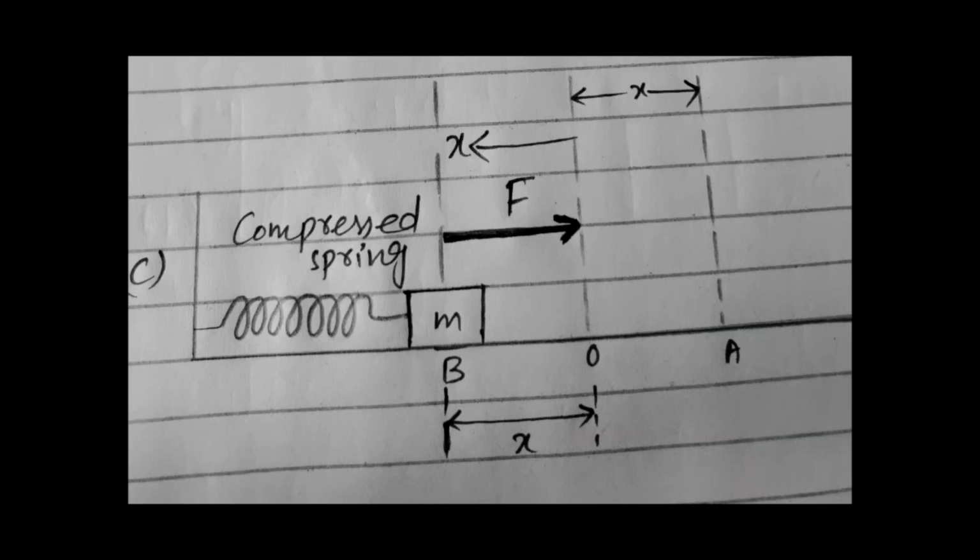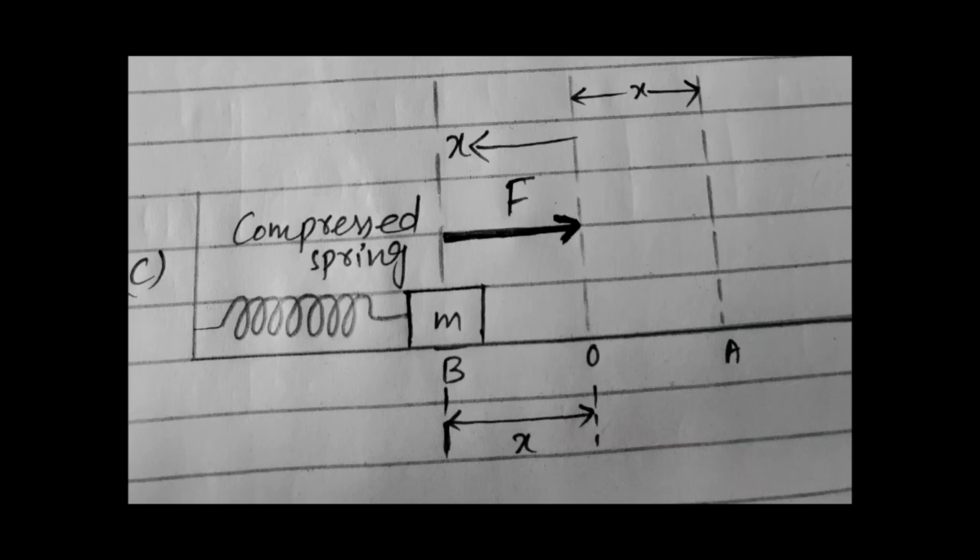In this case there is also a force acting on mass m due to the spring, because the spring wants to remain in its balanced state, or wants mass m to go to position O and balance the spring. So due to the spring there will be a force acting on mass m, and its direction is from B to O, because the spring wants mass m to move from B to O, but the displacement is from O to B, so there is also opposite direction between displacement and force.